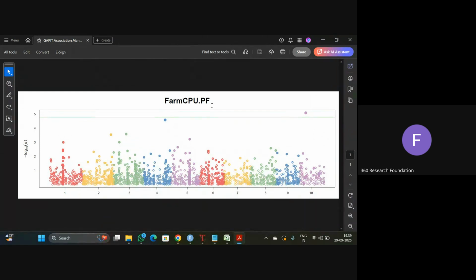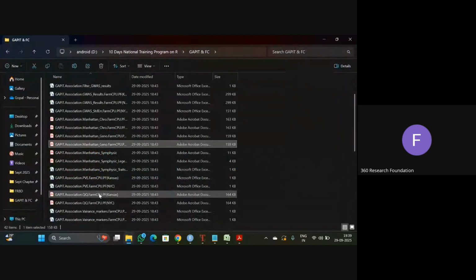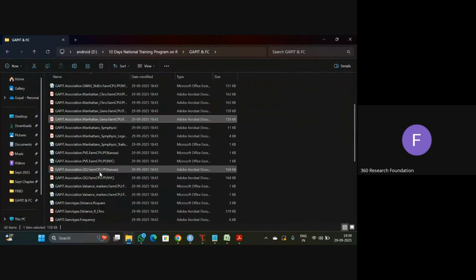But when we went for annotation, we only got annotations for the marker present on the 4th chromosome, and this data point is a false positive. Once I open the QQ plot, you will get to know this.